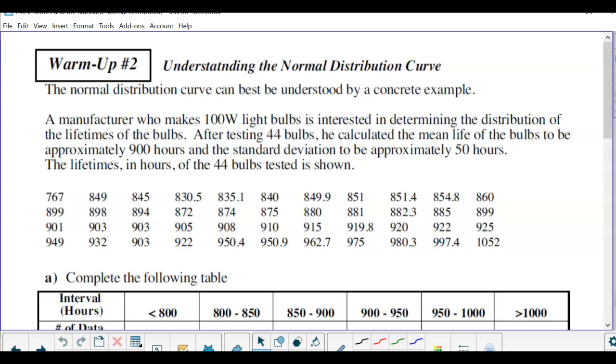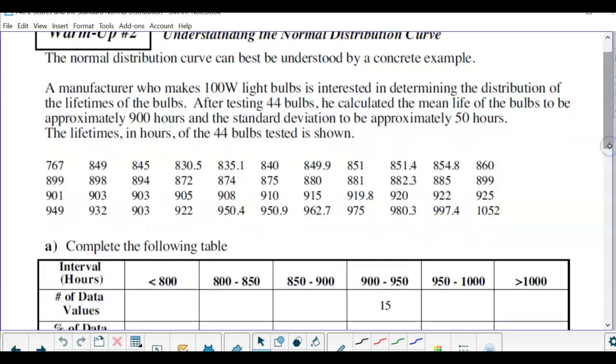Okay, next slide. Here's an example that we're going to look at. Got a whole bunch of data. We're going to fill in the chart, fill in the bell curve, and do some calculations to see how it does follow that normal distribution. This is light bulbs, looking at the lifetime of them in hours.